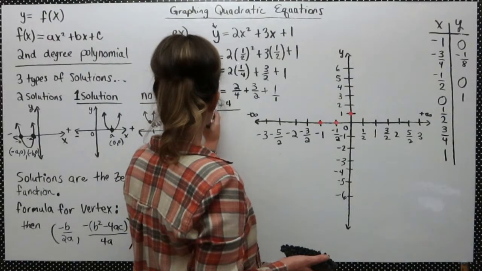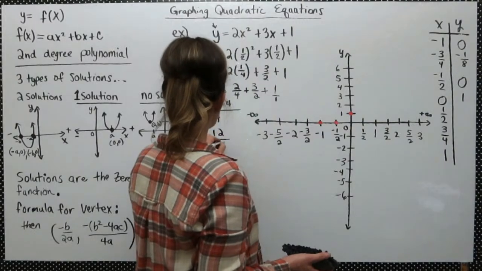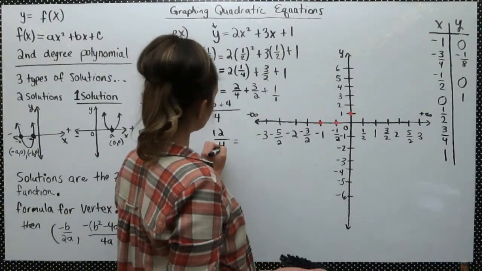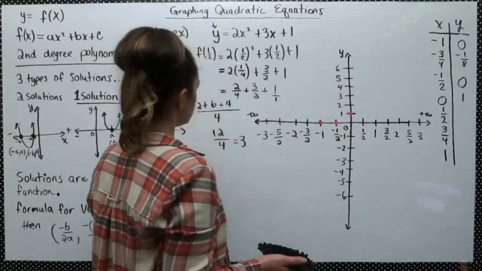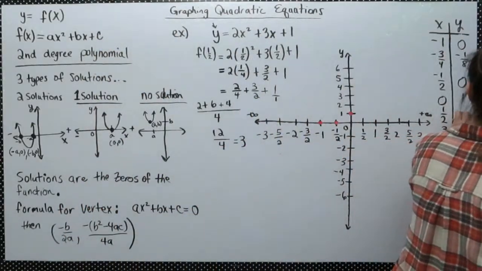So that's 10 plus 2 is 12 over 4. And then we know that 12 divided by 4 is 3. So when x is 1/2, y is 3.